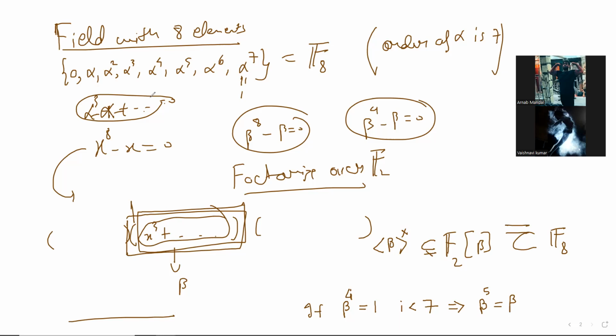Is that correct, Vaishnavi? You will only have copies of Z2 if you apply the structure theorem, looking at it as a group under addition, because it has no element of order 4. Every element has additive order 2, because the characteristic is 2.